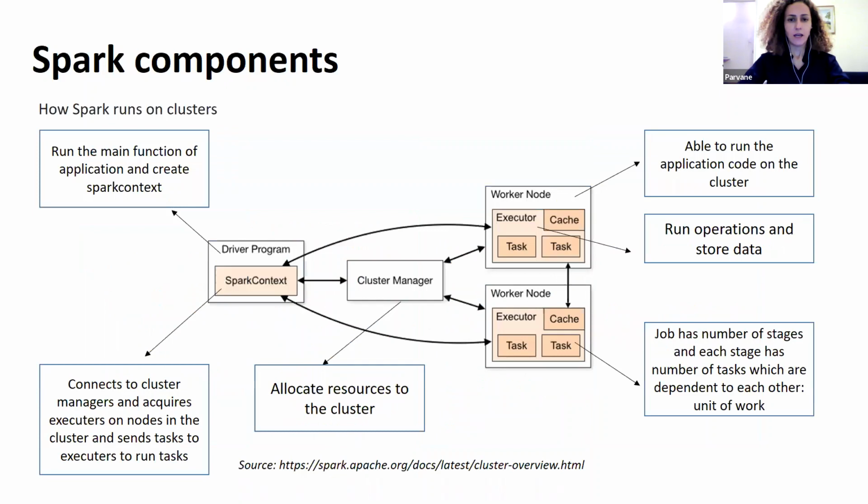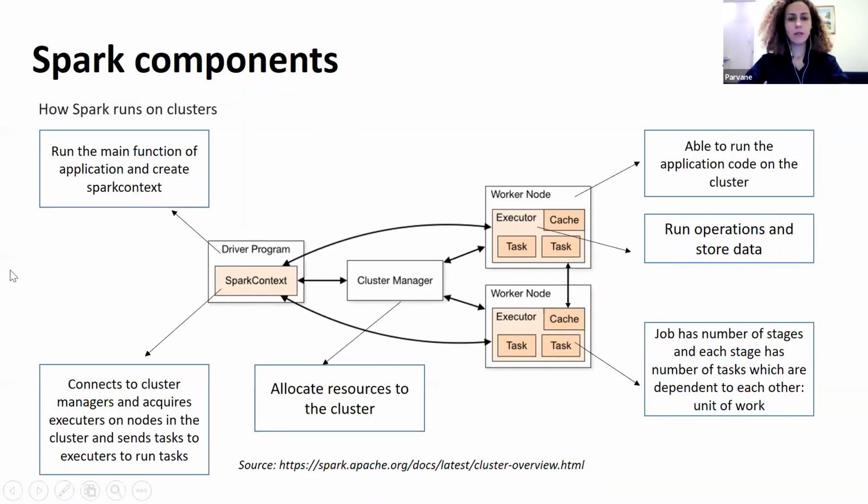So here is a quick look at the Spark architecture on a cluster. We have the driver program, which is the main functionality of Spark. Then we have a couple of workers or executors. As I said, the driver program is the main function of our application, and it creates the Spark context.